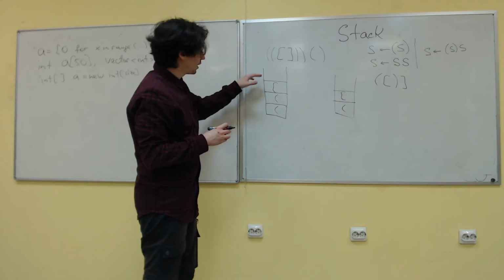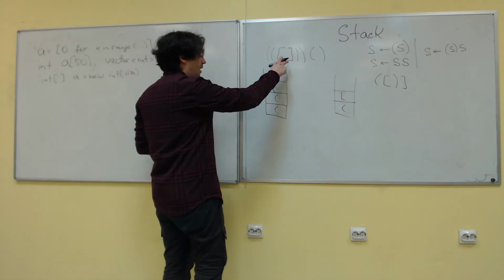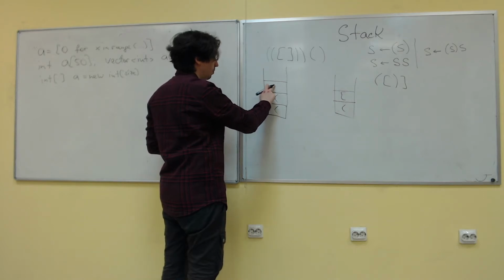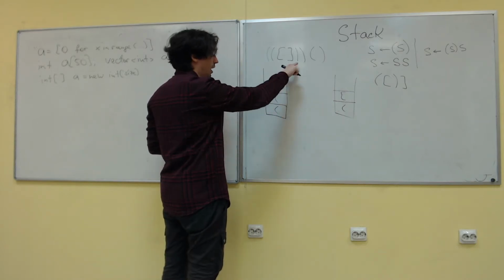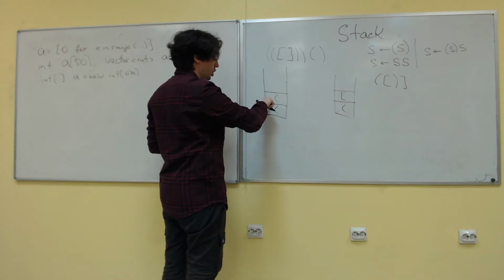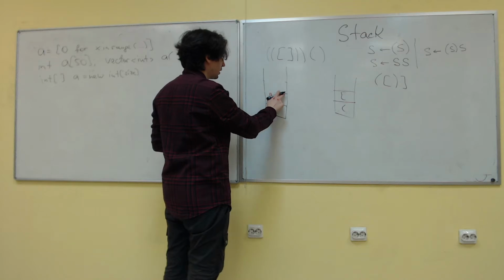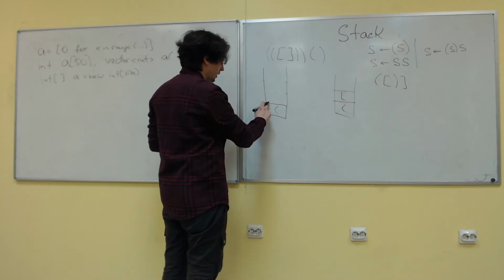So you continue here: you have the closed bracket, you remove the open rectangular bracket from the top, then you have closed round, you check that there is an open round bracket at the top, you remove it, and then you remove it again.